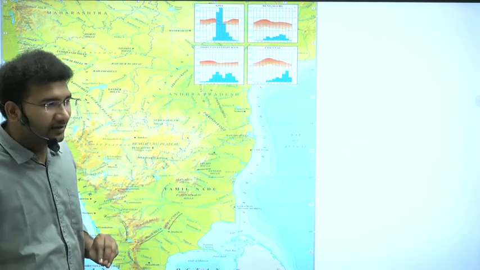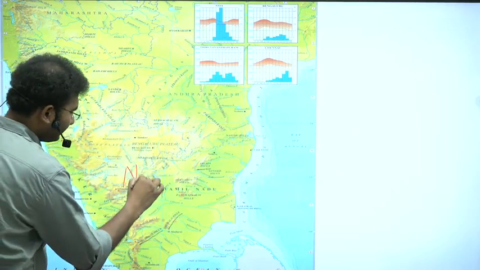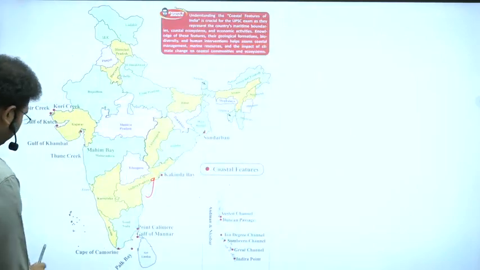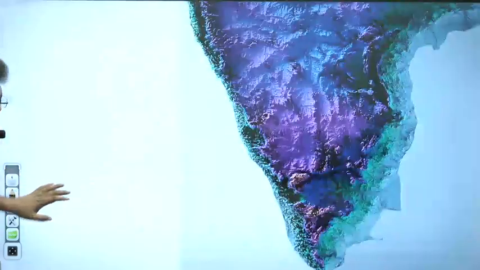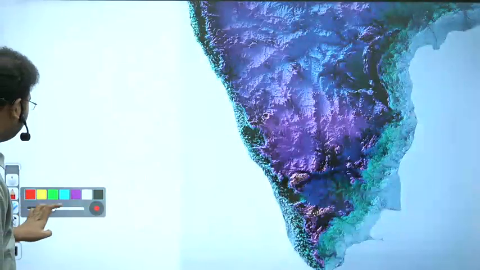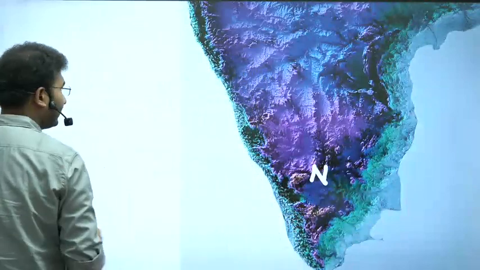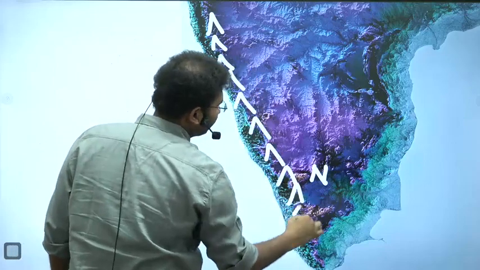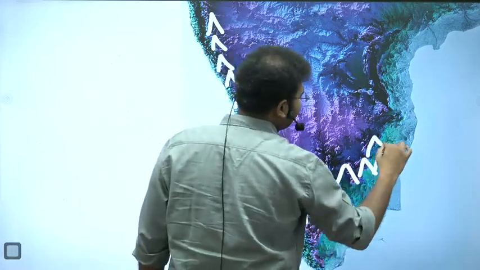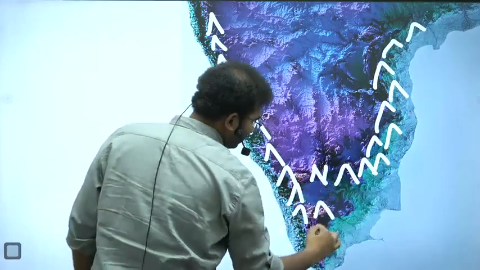Now look at Nilgiri. Nilgiri mountain ranges. If this is Nilgiri mountain ranges, in this part of the area the Western Ghats meet the Eastern Ghats.